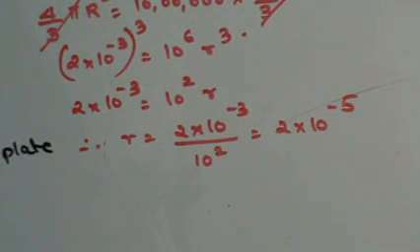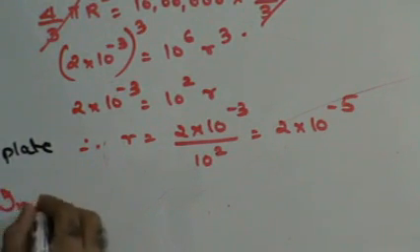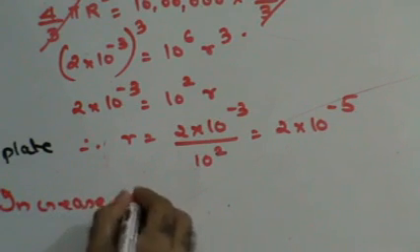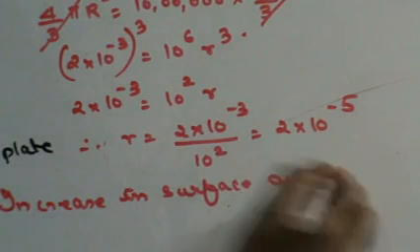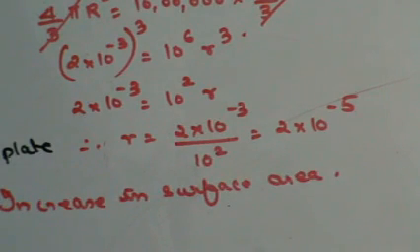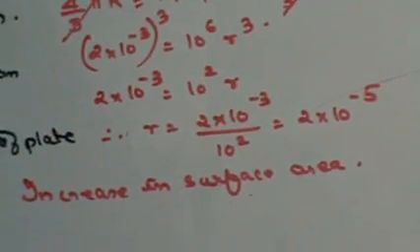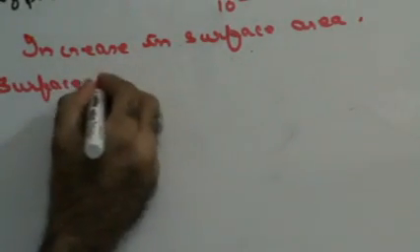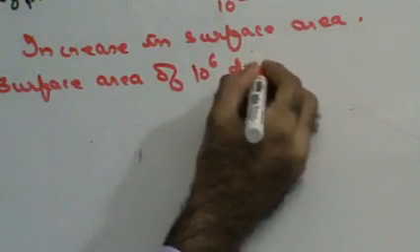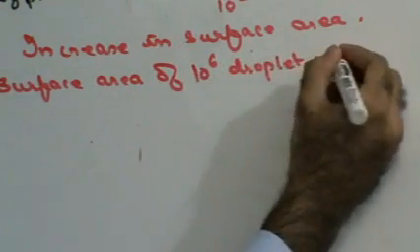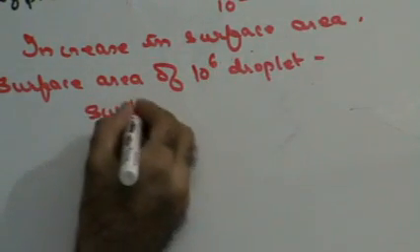Right? Now let us find out the increase in surface area. Increase in surface area will be nothing but the surface area of a million droplets minus the surface area of one big drop.